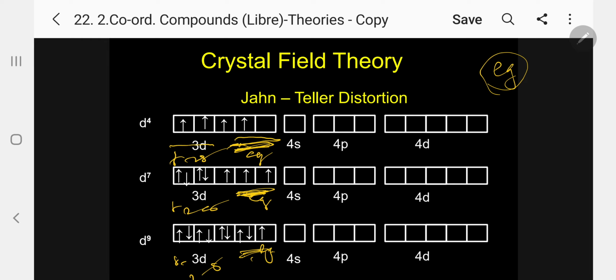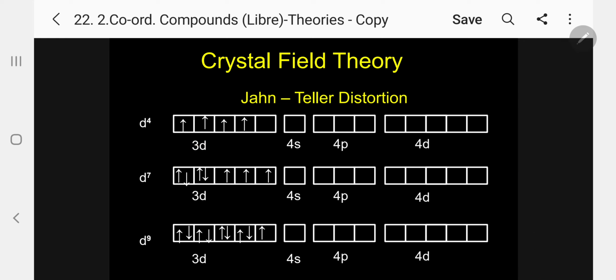So in the case of tetraammine copper 2 sulfate, it is unsymmetrical: 2 electrons here, 1 electron there. That's why the tetrahedral becomes square planar, getting distorted into square planar. No further explanation need be given. Simply one line: due to Jahn-Teller distortion, tetrahedral is converted into distorted square planar.